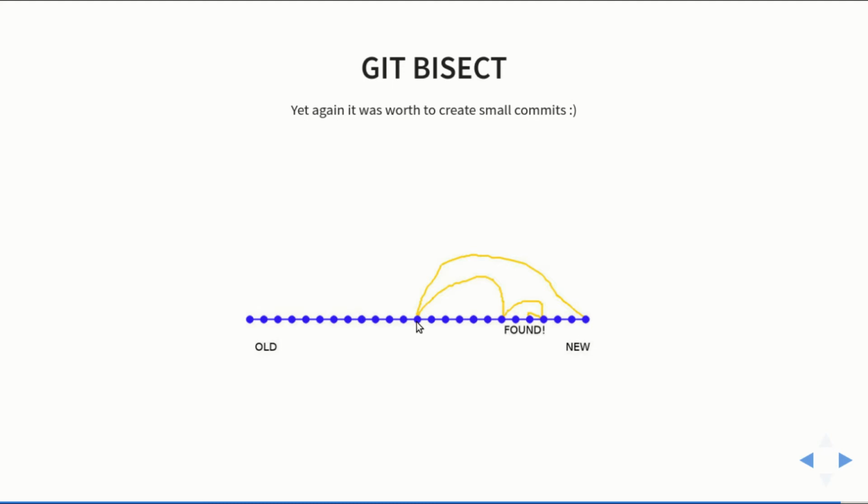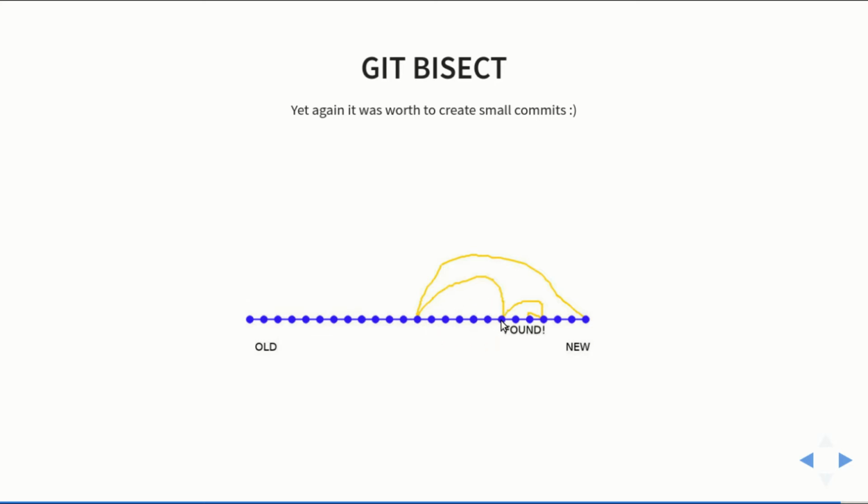Then Git Bisect chooses a commit from the middle of this range. So this range of commits starts with a good commit which has no bug, and a bad commit which has the bug. It chooses a commit from the middle and simply asks us if this commit has the bug already or not. If it has the bug, then Git Bisect knows that the commit got introduced in this half of the range.